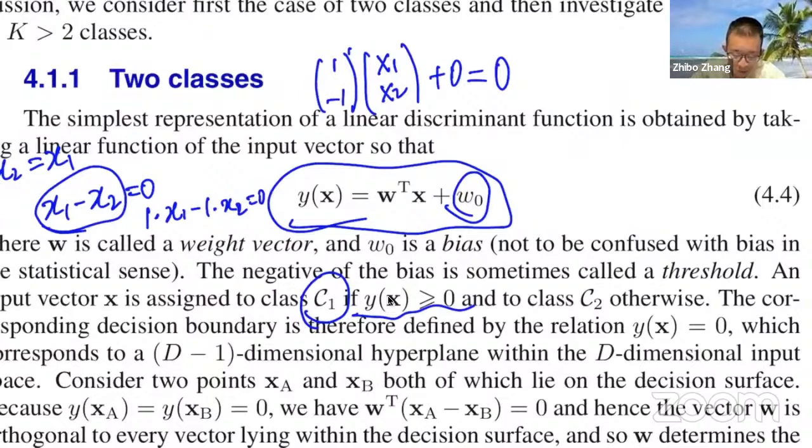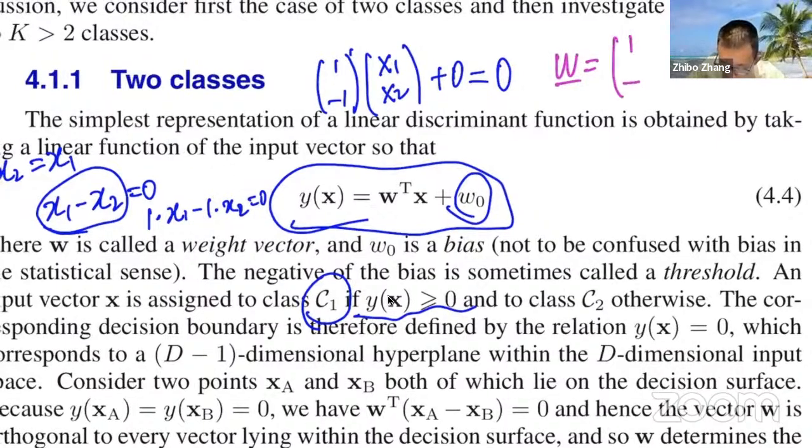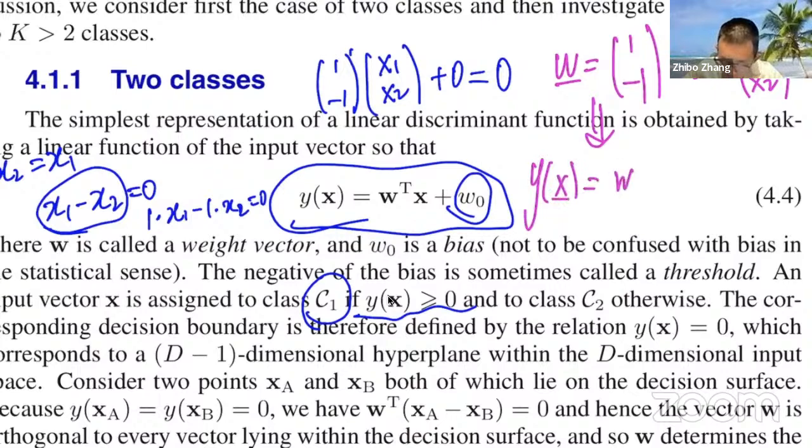In this case, this representation looks like: W is a two-dimensional vector, which is 1 minus 1, and X is composed of X1 and X2. Writing it in a compact representation, y(x) is equal to W transpose X plus 0, which is W0.